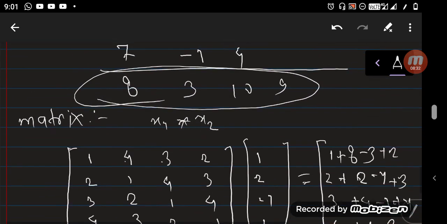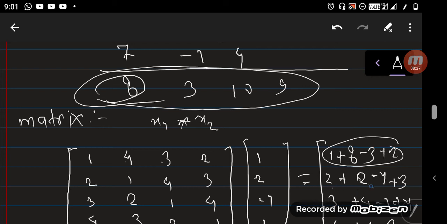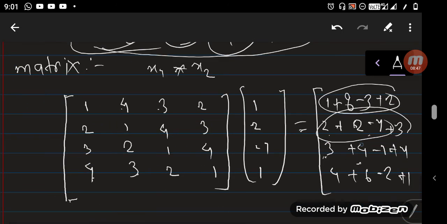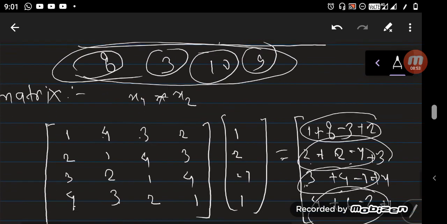Now you add it. You will find here 8, the same result. Here you will find 3, then 3 plus 4 plus 4 is 11 minus 1, here you will find 10, and then 4 plus 6 is 10, minus 1 is 9. Same result you are getting.